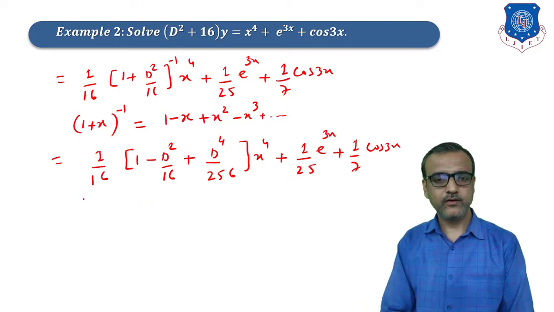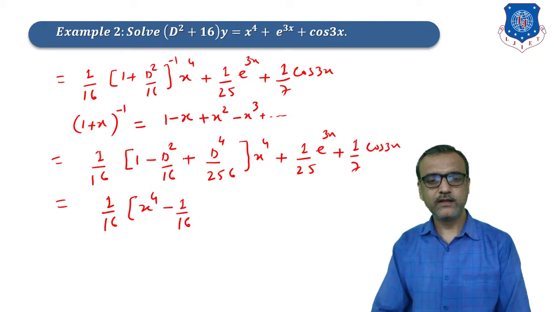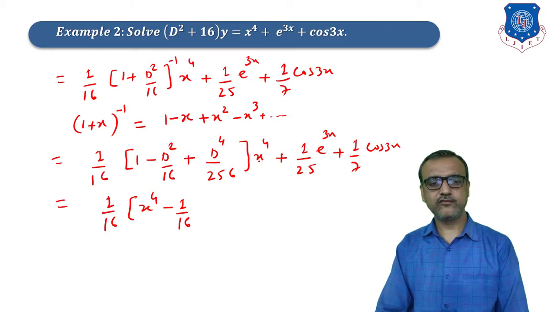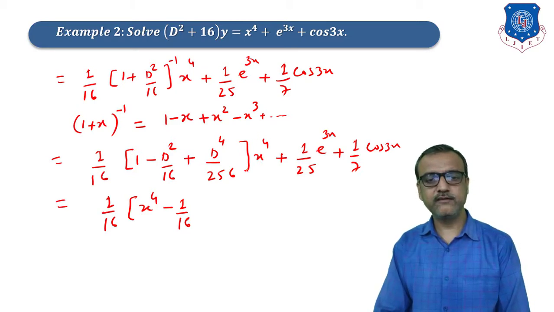Now this is equal to 1 over 16. Multiplying 1 by x raised to 4, we have x raised to 4, then minus 1 over 16 times the double derivative of x raised to 4. First of all, the single derivative of x raised to 4 is 4x cube. Now again differentiate 4x cube, that is 12x square.